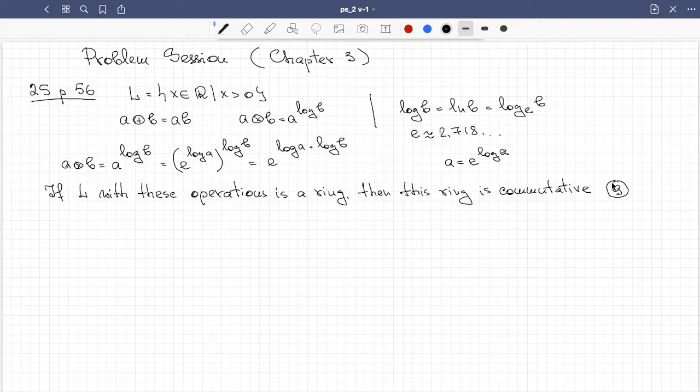First of all, this is problem not 25, but 26. I'm sorry, I had to double check. 25 is very similar, but not this one. This is 26. And they ask whether it is a ring, whether it is a commutative ring, and finally they ask whether it is a field.